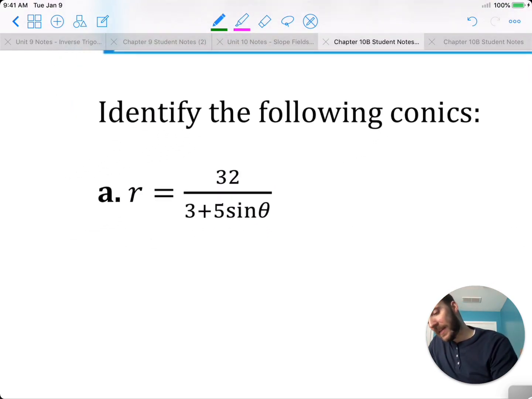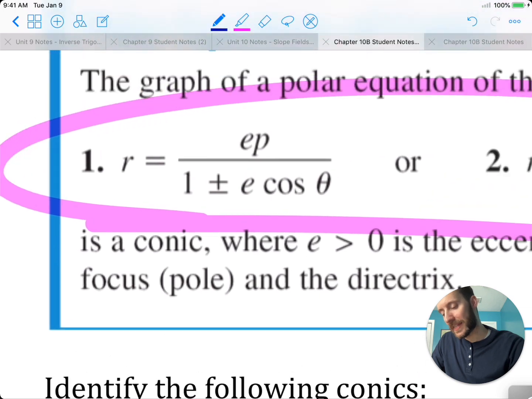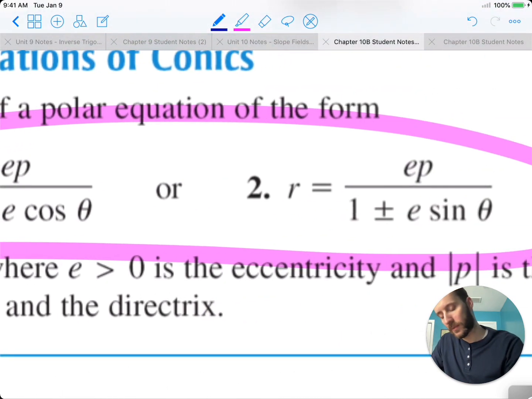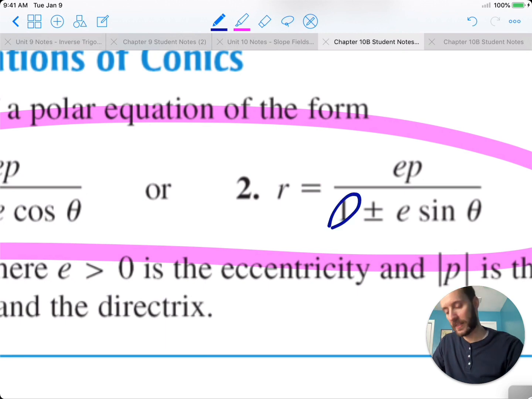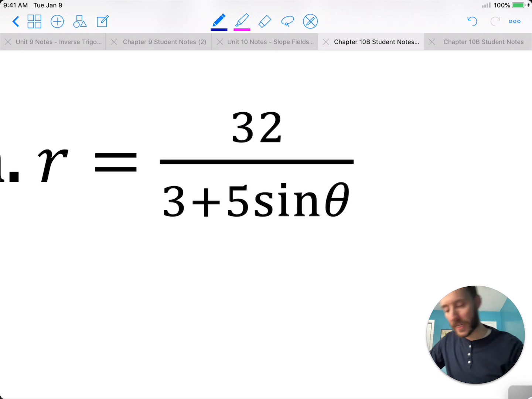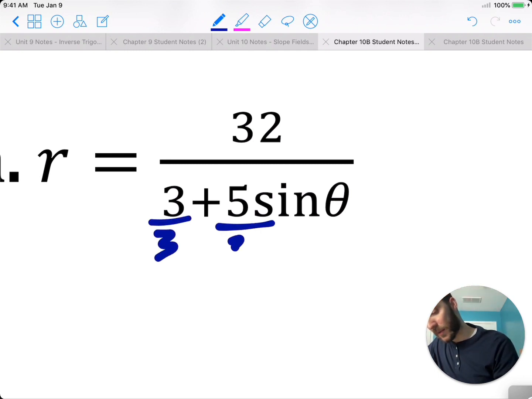So in example A, 3 plus 5 sine theta. Now in the denominator, it's always 1 plus minus. So take everything in this denominator, divide it out by 3.